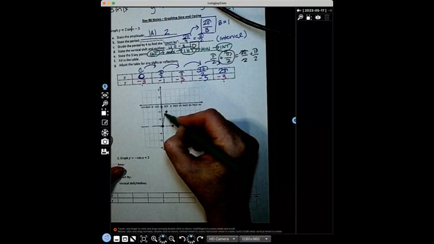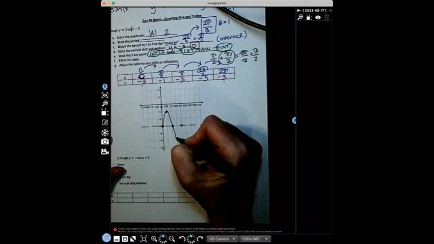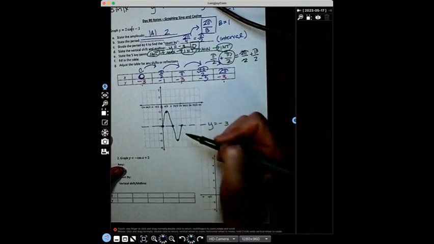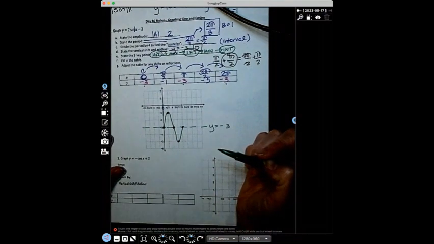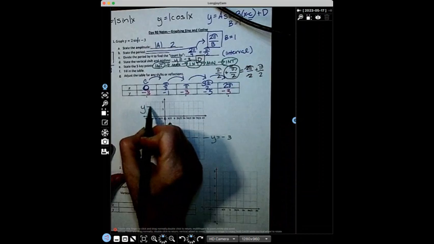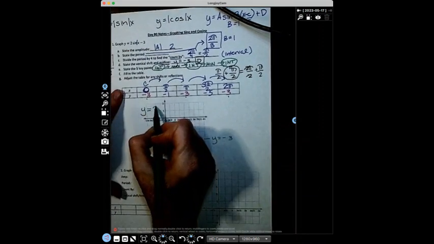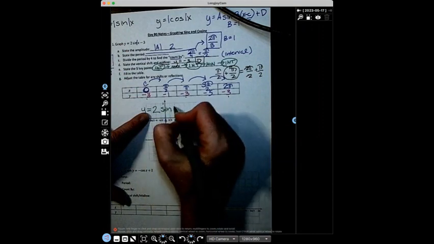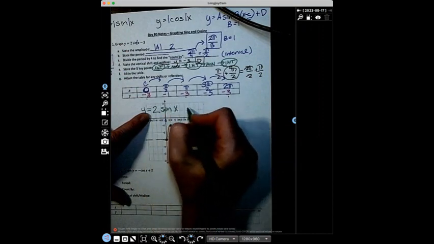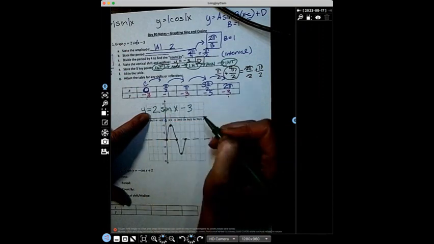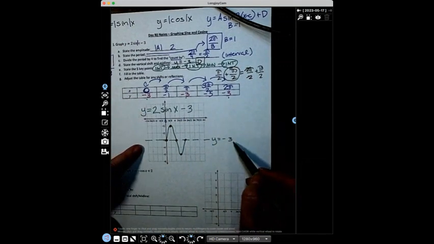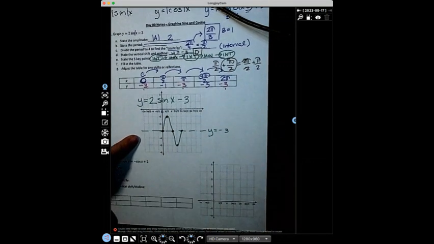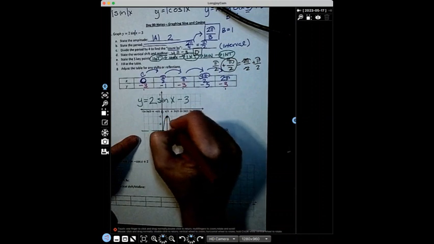So with a soft curve, we're going to draw in our positive sine curve. Let's write the equation. It's y equals, we're just copying it from up here, amplitude of 2, the sine of x, b is 1, minus 3. So we see a midline of -3, and we have an amplitude here, right?